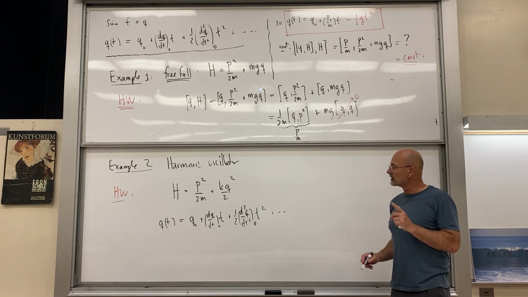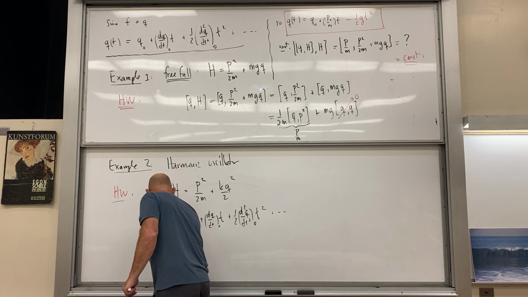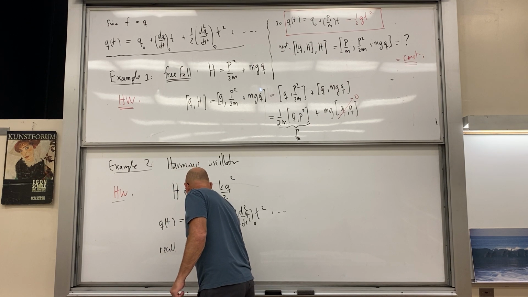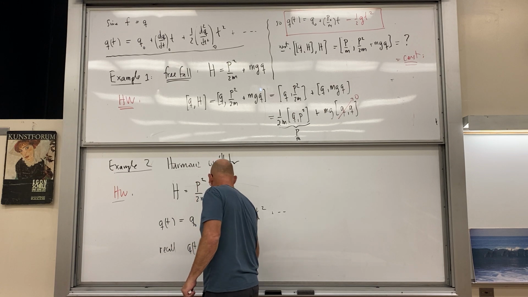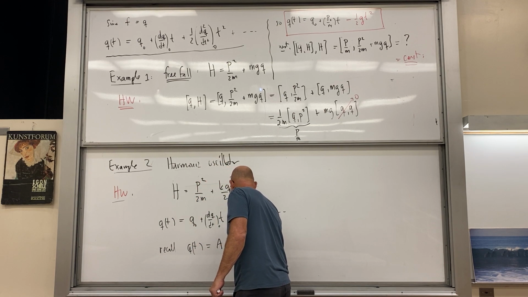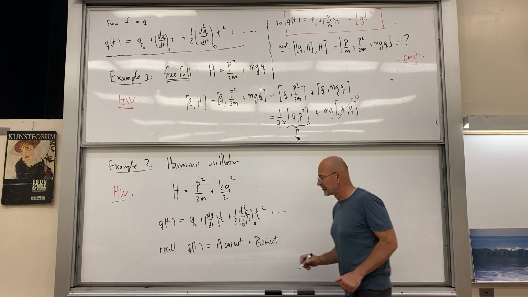Now on this one, we can recall what we're actually going to get. Recall Q of t is equal to A cos omega t plus B sine omega t.